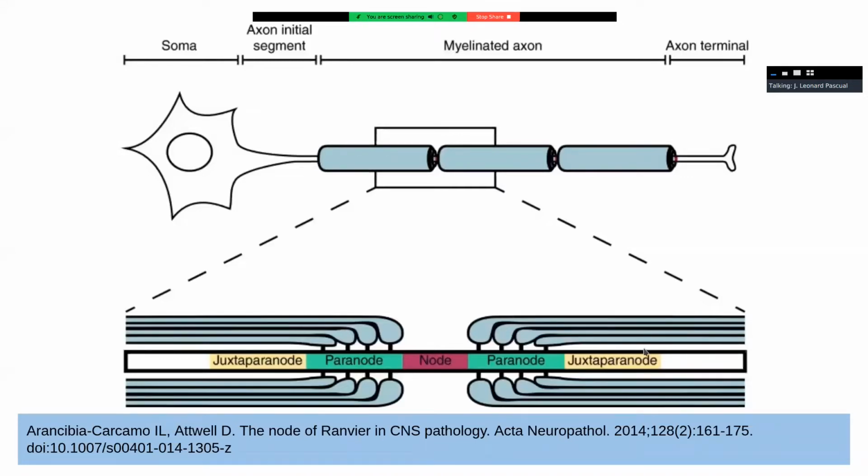So nothing mixes with the electrolytes here. So node of Ranvier, paranode of Ranvier, juxtaparanode of Ranvier. One is exposed, one is locked in, and one is inside.